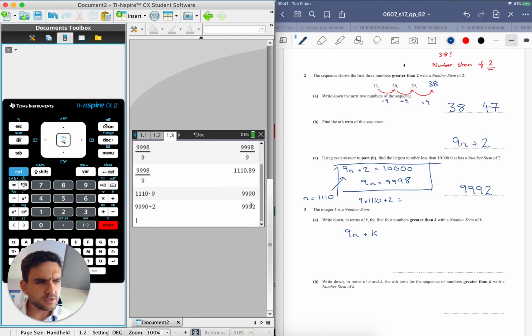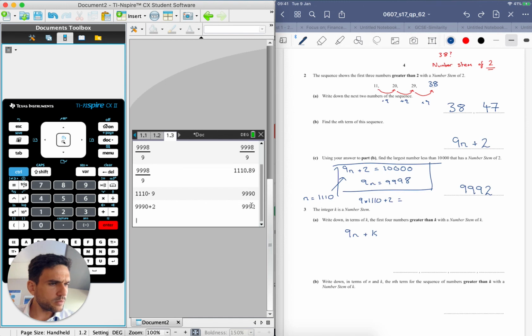The first one was just 9 plus k, then 2 lots of 9 plus k, 3 lots of 9 plus k. So this pattern emerging from 2 and 3, we now need to generalize in terms of n's and k's.